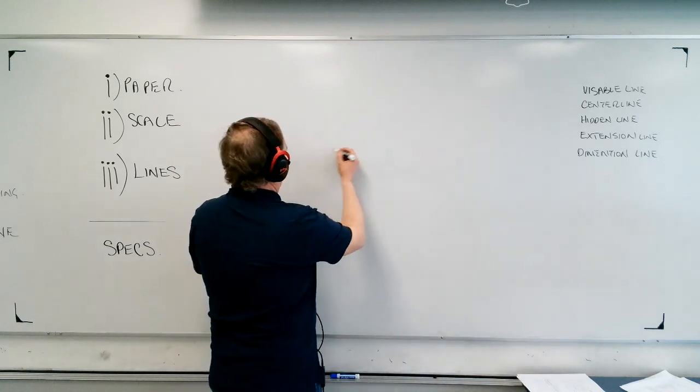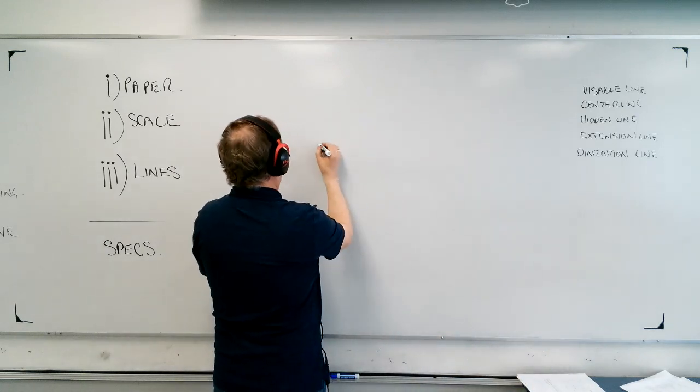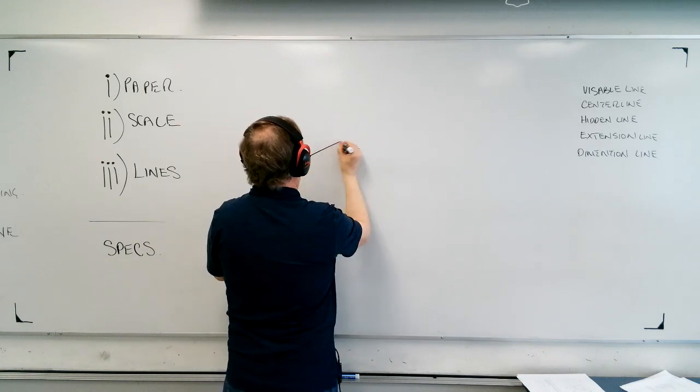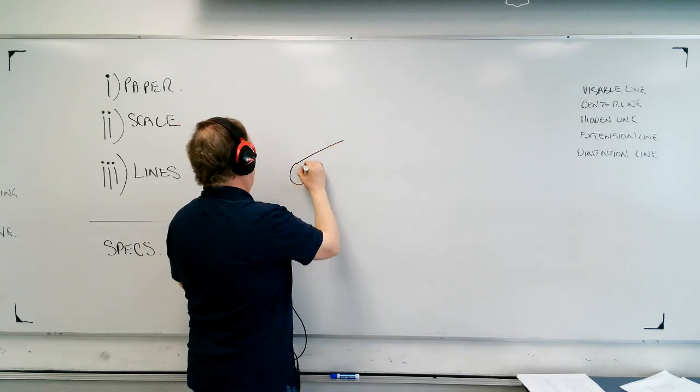Let's say that I have an object. It looks like this. It's a piece of steel pipe, okay?